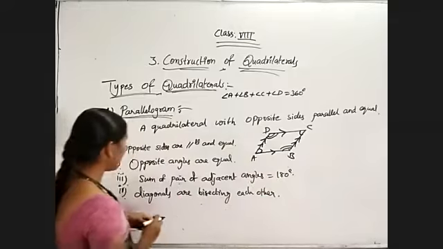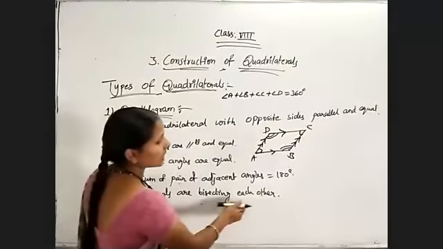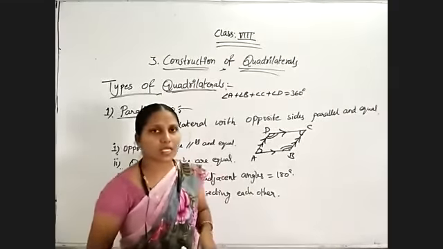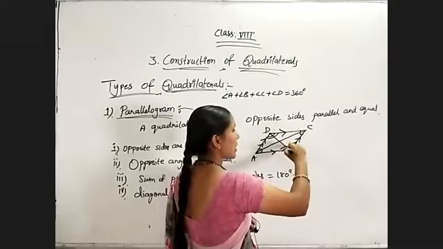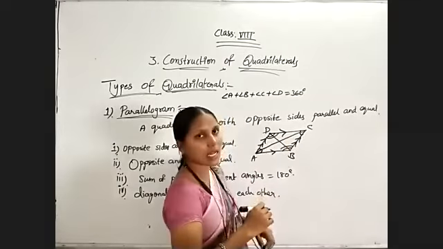And now coming to the next, diagonals are bisecting each other. Bisection means what? Now, what are the diagonals of this parallelogram ABCD? AC is one of the diagonals and BD is another diagonal.